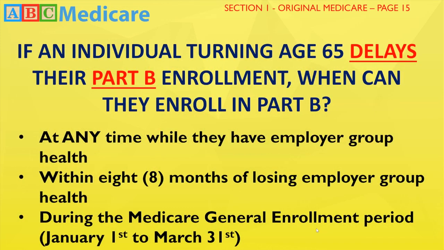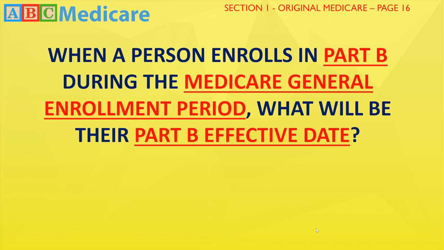If a person does not have employer group coverage, the only other time they can enroll in Medicare is during the general enrollment period, which runs from January 1st to March 31st, and Part B actually doesn't start until July 1st, okay? So when a person enrolls in Part B during the Medicare general enrollment period, what will be their Part B effective date? We already said that. It's going to be July 1st.